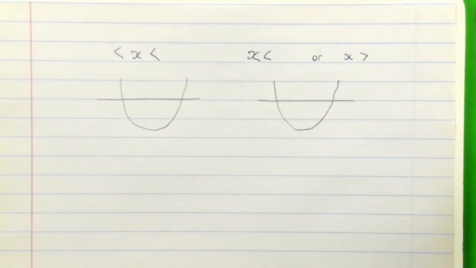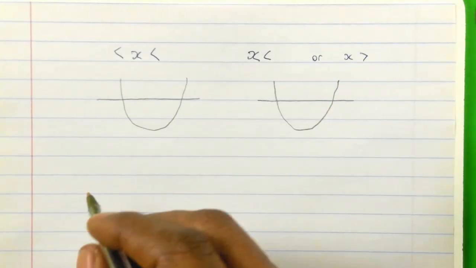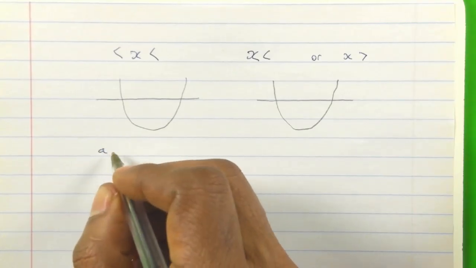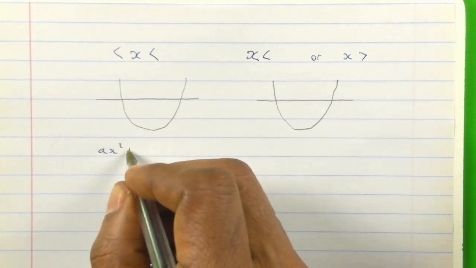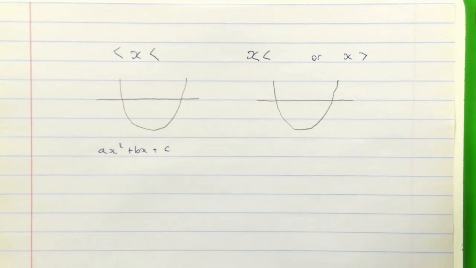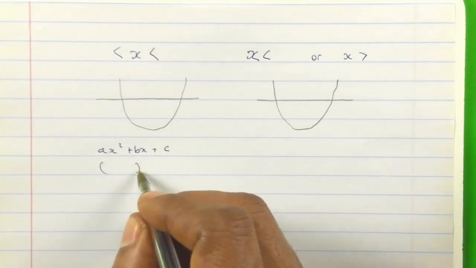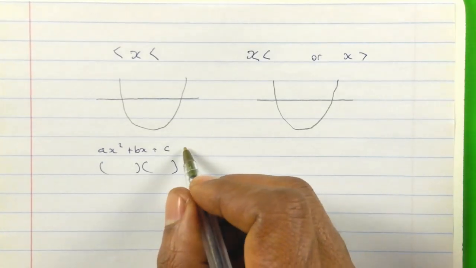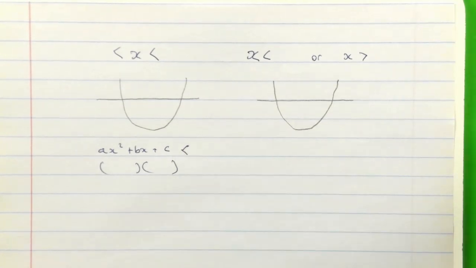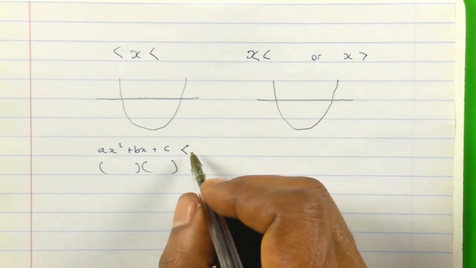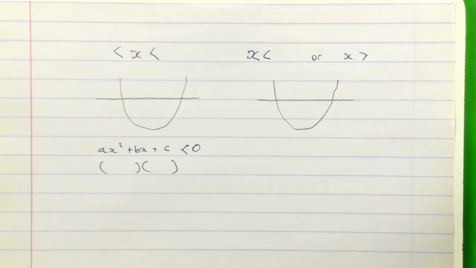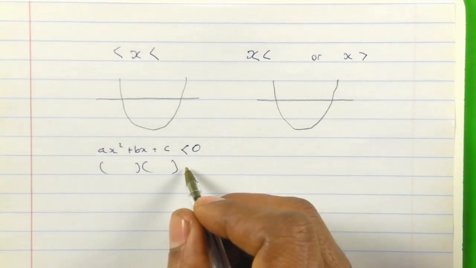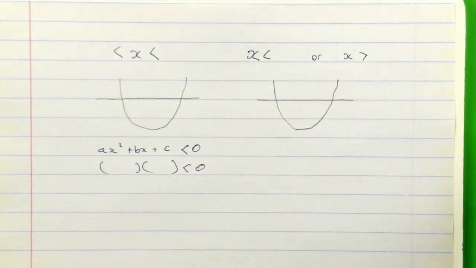So, if you are given an equation with a positive gradient, your ax squared plus bx plus c, and you have factorized it properly, and the requirement was for you to find those x solutions that will give a negative output, you would have your critical values.